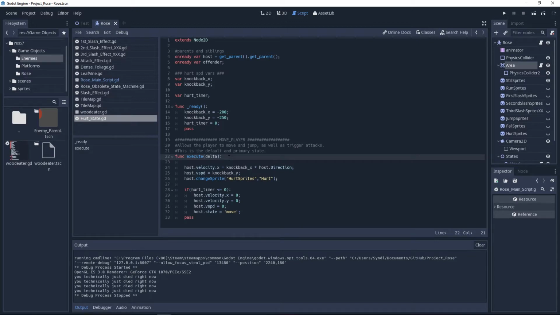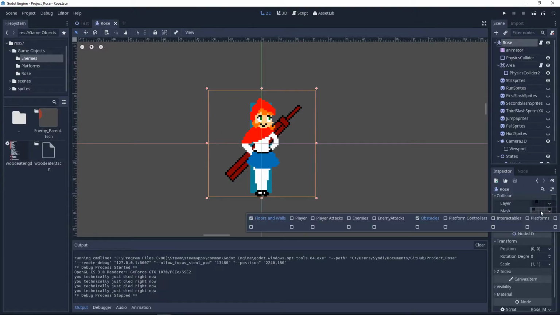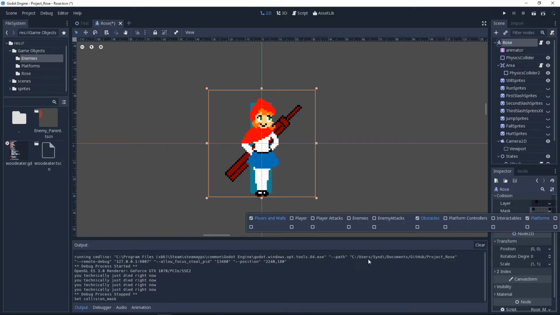What I had there is explicitly what it's there to do. It sets the mask to true. Because originally, you can see up here, Rose's collision physics layer only detects floors and walls and obstacles, and of course that's all it should detect. I guess it should detect platforms as well.